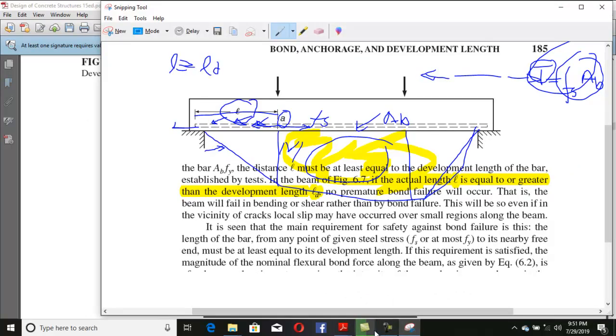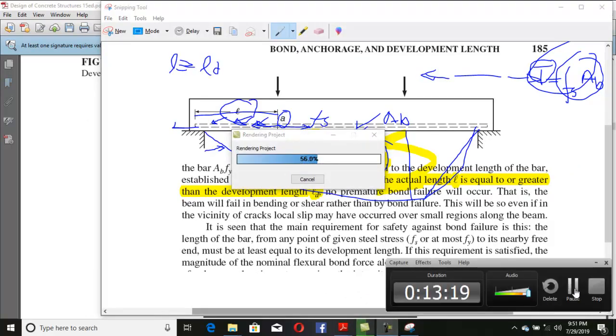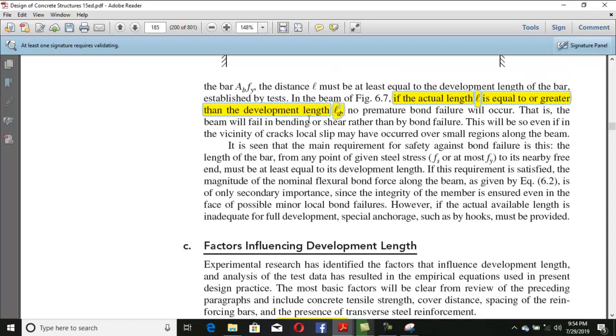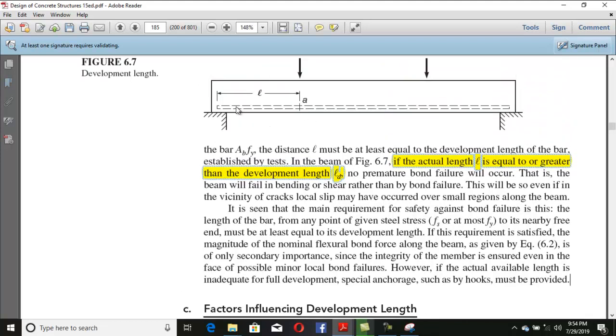So what we learn from this paragraph, the main theme, is that your embedded length L should be greater than or equal to the development length.